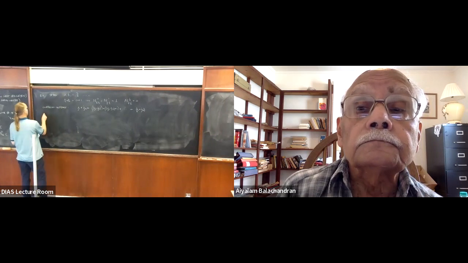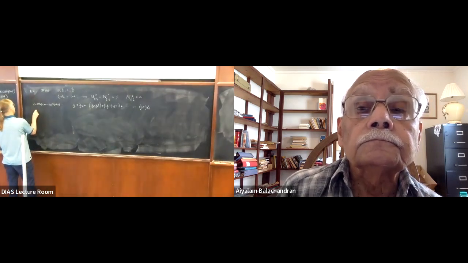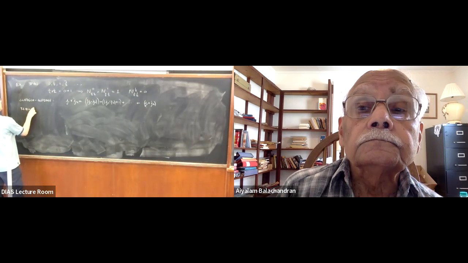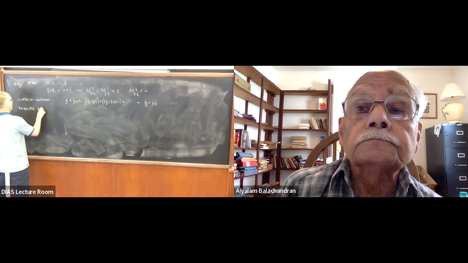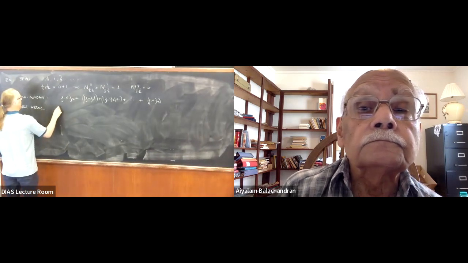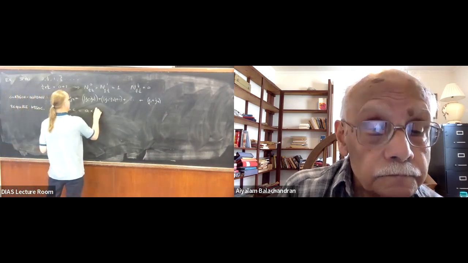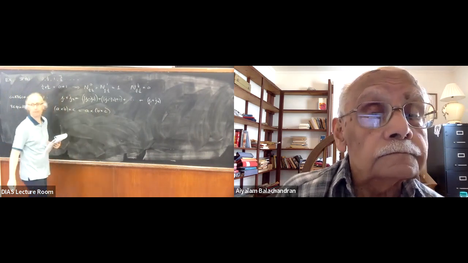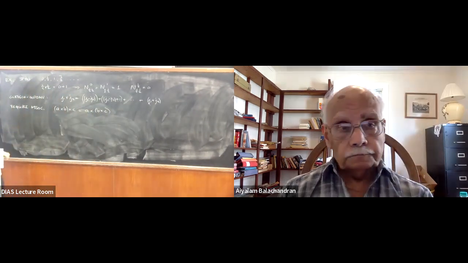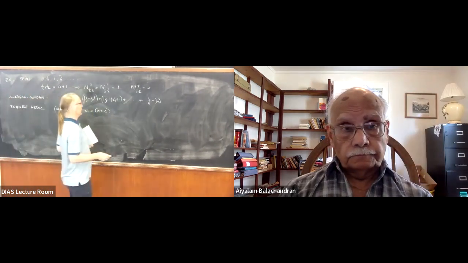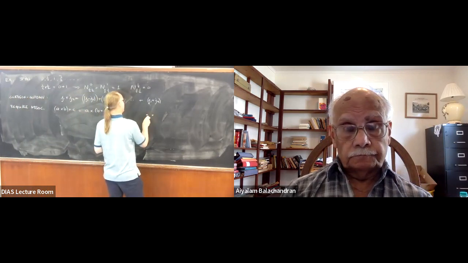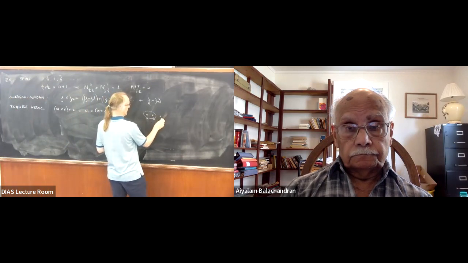So (A times B) times C is A times (B times C). Now this is physically a very appealing rule, because if I have A and B sitting somewhere, then I can think of their global charge, but I can also think of the global charge of A and BC together.